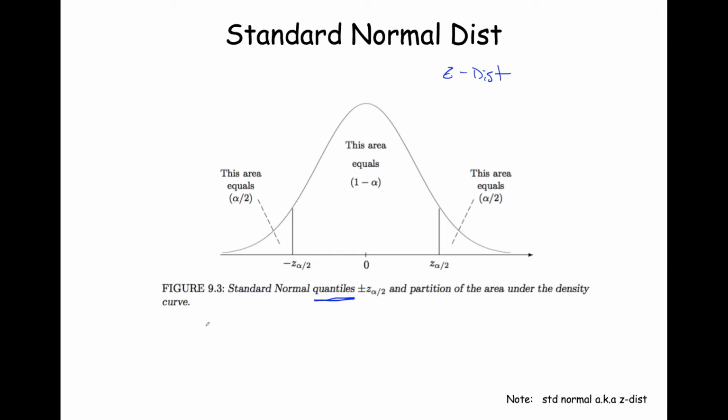We said that AB is a so-called 1 minus alpha times 100% confidence interval, right? So this alpha is sometimes called a p-value. And when we talk about this z, this is called a z-score. It's a value under the z-distribution, but this particular value we're going to call a z-score. What these z-scores are, they're quantiles, and a quantile is some value that chops up your distribution into equal pieces.